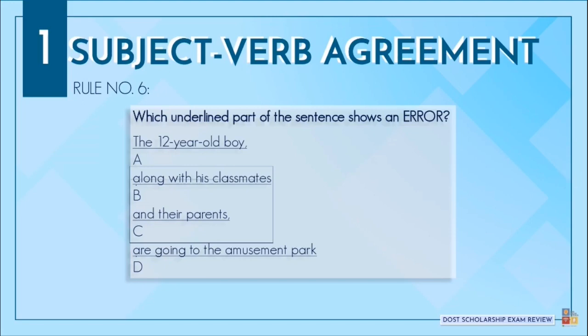We disregard everything that's stated here and focus on the subject, which is the 12-year-old boy. Since this is singular, then the verb should also be in singular form. Thus the error lies in letter D.